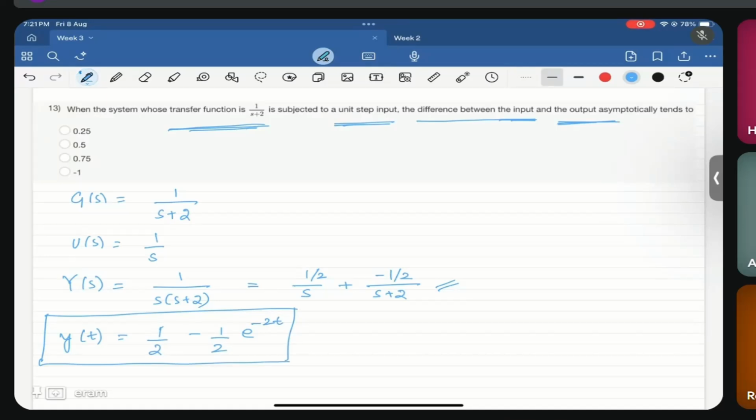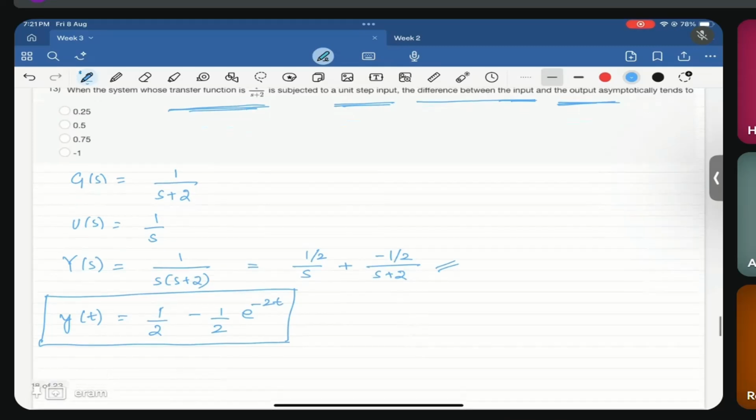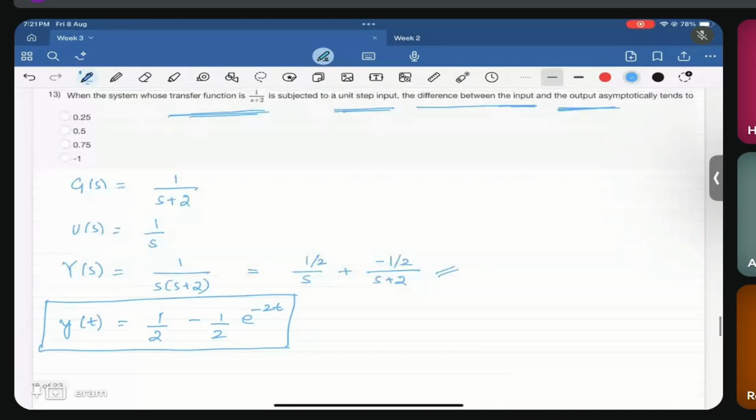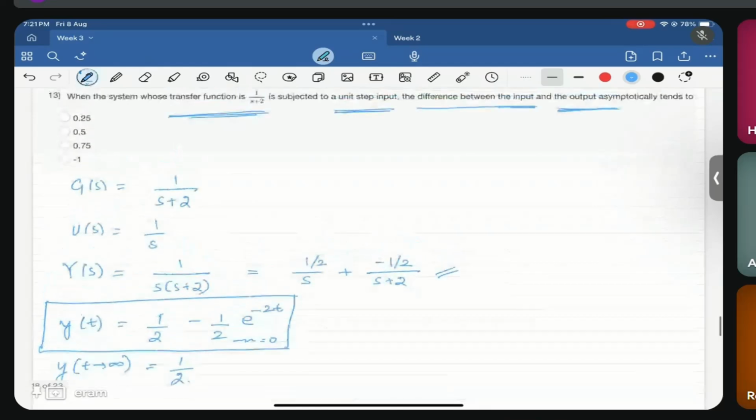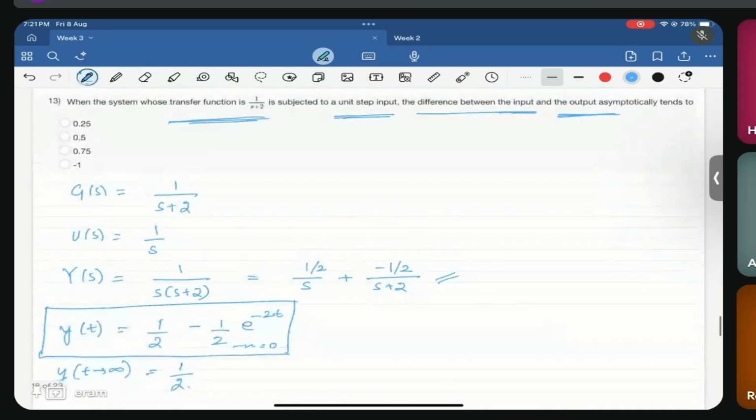We have to find out the difference between the input and the output asymptotically. Asymptotically means we have to find out the steady state value, so we put t as infinity. Then what will be the value of the response? This term will go to 0, so it will be 1 by 2. Now we have to find the difference between input and output asymptotically.